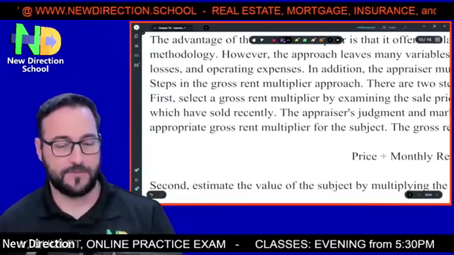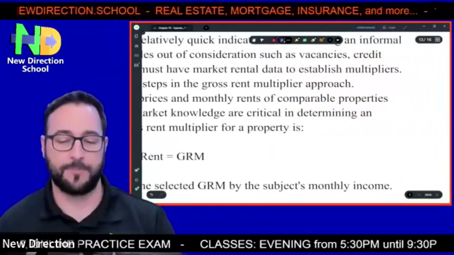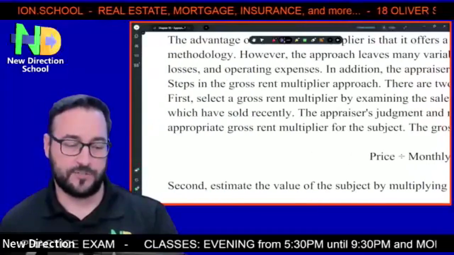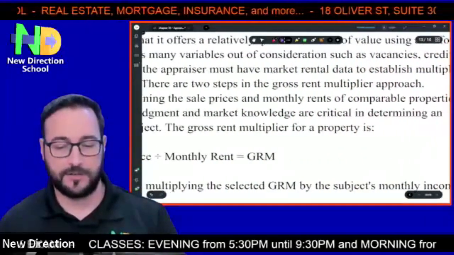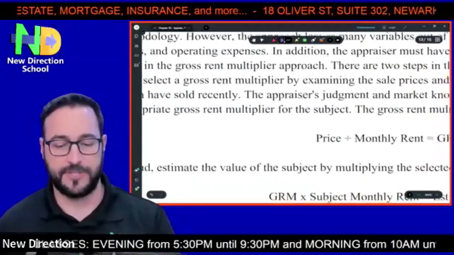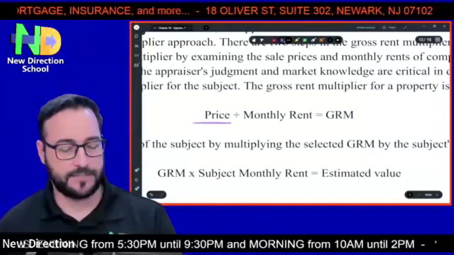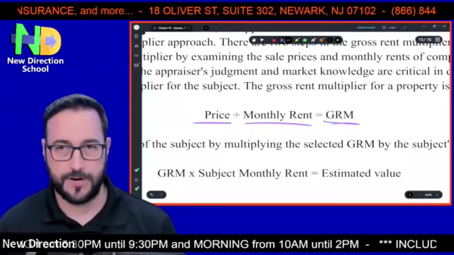First, you select the gross rent multiplier by examining the sales price and monthly rents of comparable properties. We already said that. Obviously, that's sold recently. The appraiser's judgment and market knowledge are critical in determining the appropriate gross rent multiplier for the subject. But the gross rent multiplier for the property is the price divided by monthly rent equals GRM.